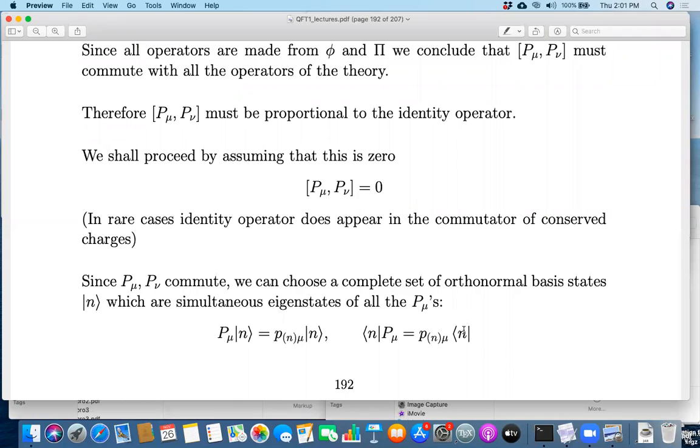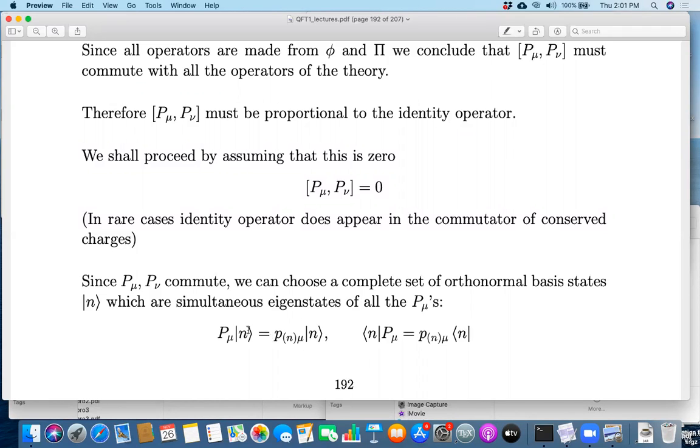So what we learned from here is something that we expect from everyday experience, that the states in the quantum field theory can be characterized by the total energy and total momentum that they carry. This P mu, in fact, carries information about the total energy and total momentum of the state. Now notice that I have not said anything about whether the states are single particle or multi-particle.